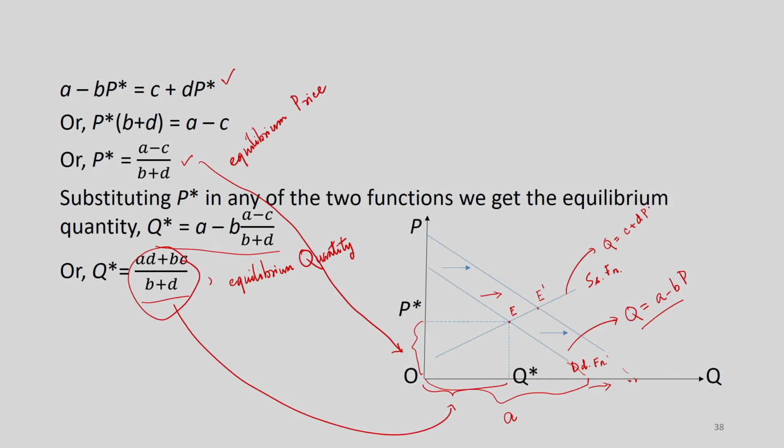The only thing that has changed is small a has gone up, which means that the demand graph has shifted to the right, and therefore, there will be a new point of intersection, a new point of equilibrium, and here the new point is to the northeast of the old point, which basically means both equilibrium quantity and equilibrium price will rise.